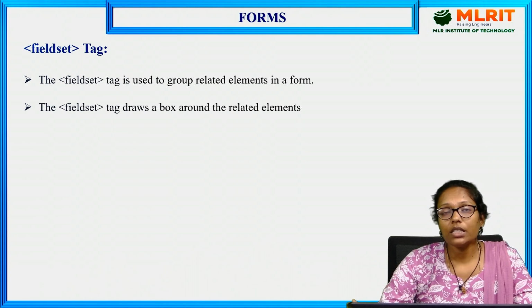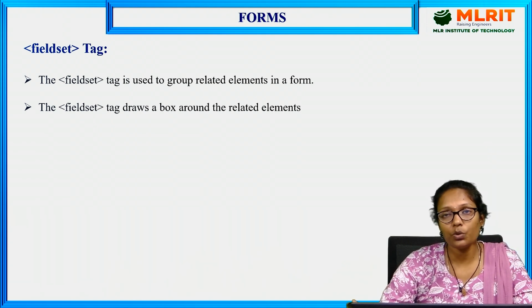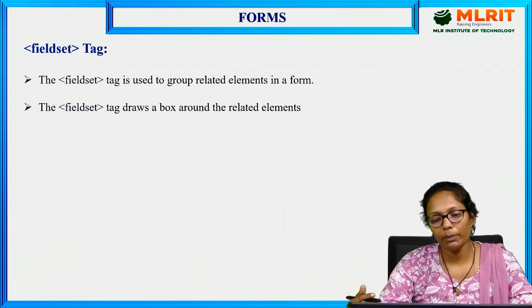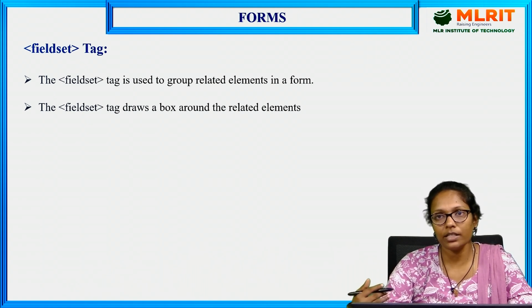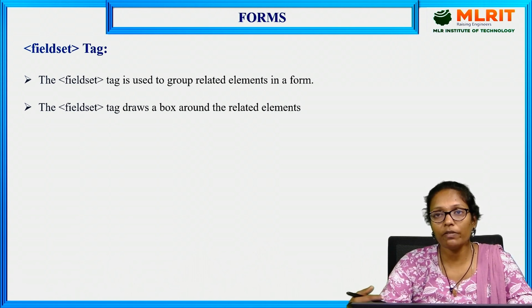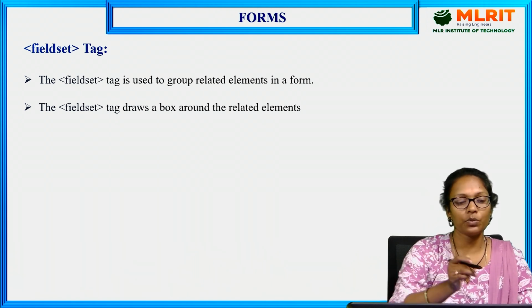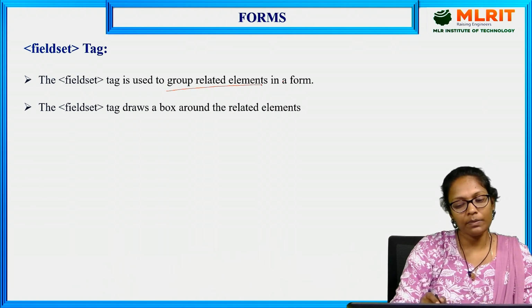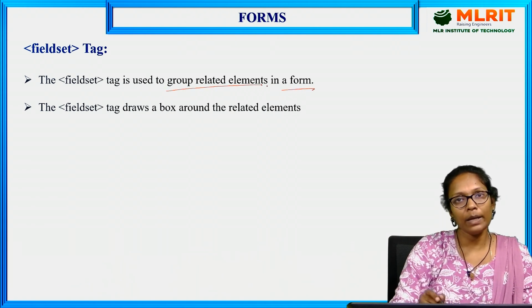So next is the field set tag. As we discussed in the overview slide, the field set tag is used to divide your page into different sub pages. So if I want to fill a form for a job application, it will ask different details like personal details, qualification details, experience details. Some different categories of details will be there. To differentiate those categories, we are using this field set. So the field set tag is used to group related elements in a form.